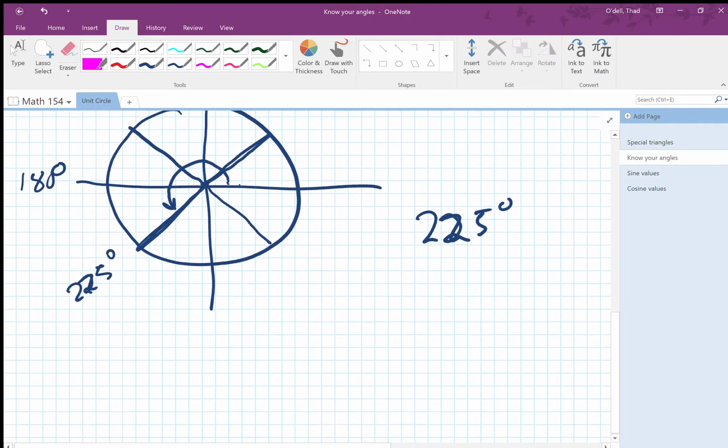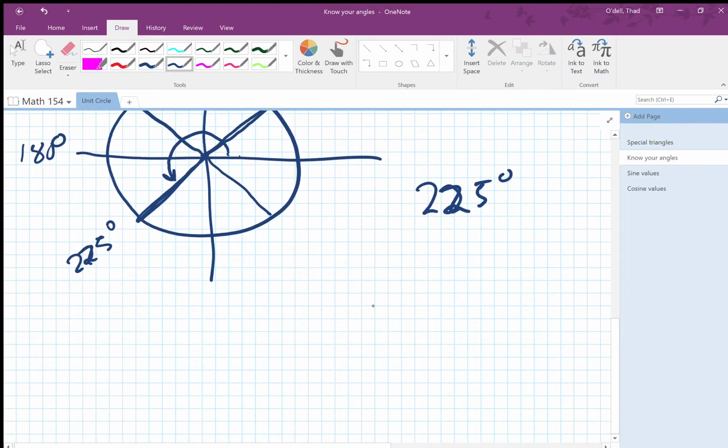Keep in mind we can also go negative. For example, if I go negative 135 degrees, let me grab a different color here, I'll go with green. That means I'm starting on the positive x-axis, but instead of going the way I did last time, I'm going to go the opposite direction. And if I go this way, I end up at the same location, don't I?